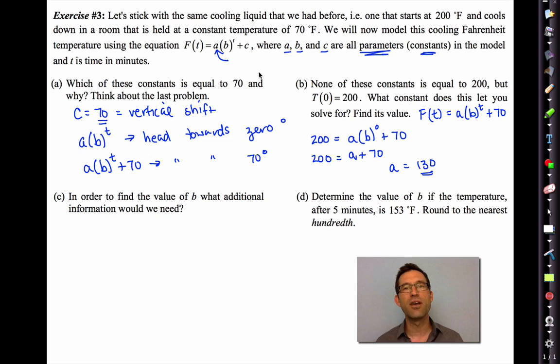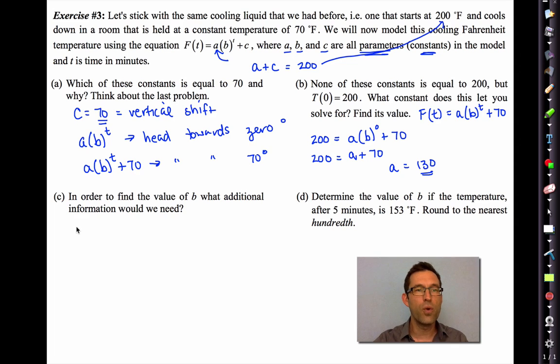But that's because we didn't have a vertical shift. That is no longer the case. In fact, what will now be the case is that A plus C will always be the thing that we begin at.